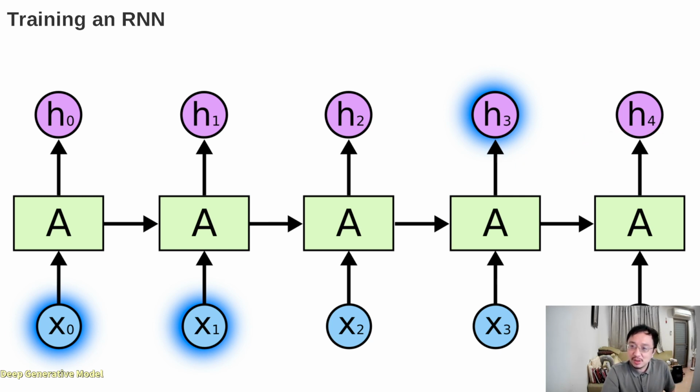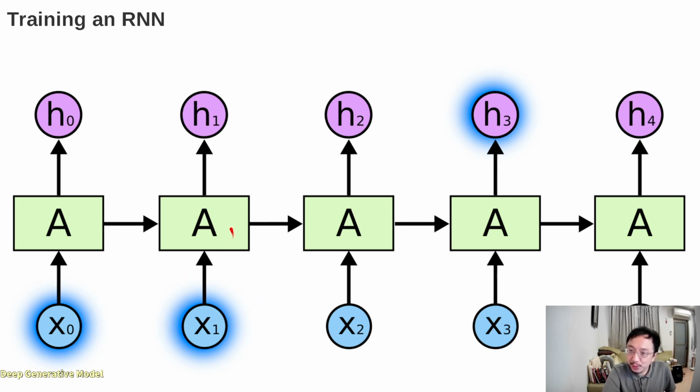As we mentioned before, this is how we train the neural network. But in many situations, one of the outputs may depend on some of the previous inputs. For example, we probably expect that H3 depends on X1 and X0.